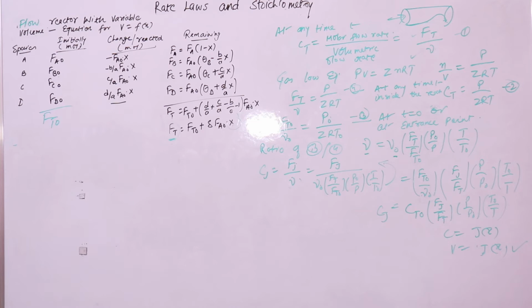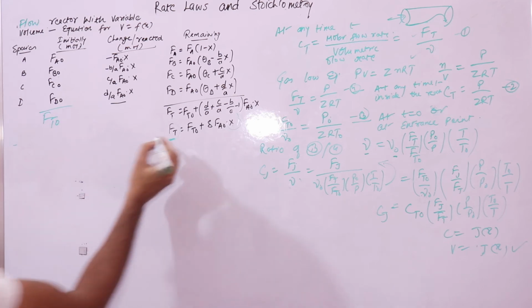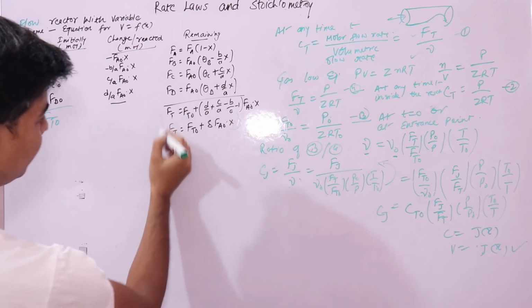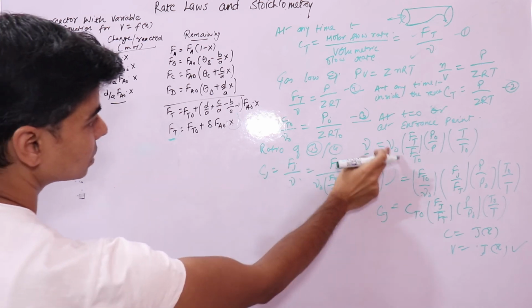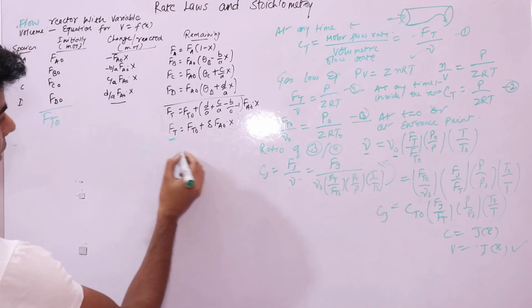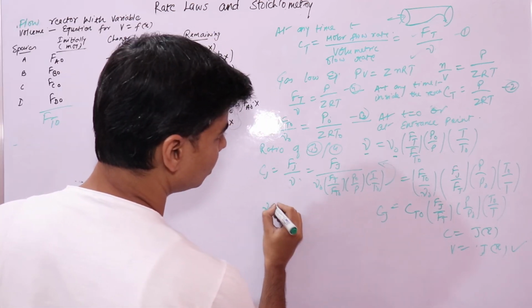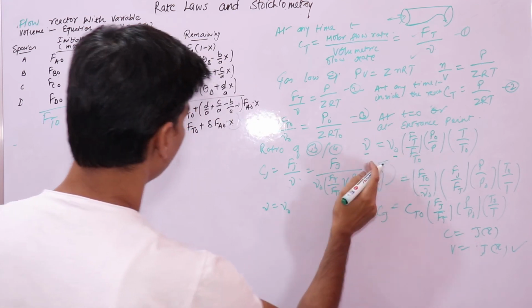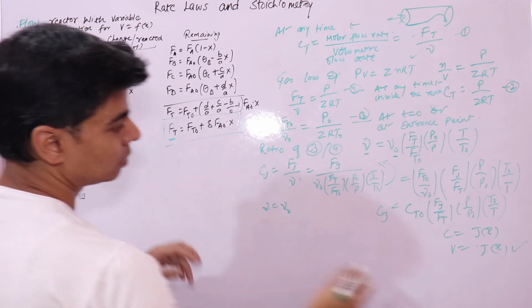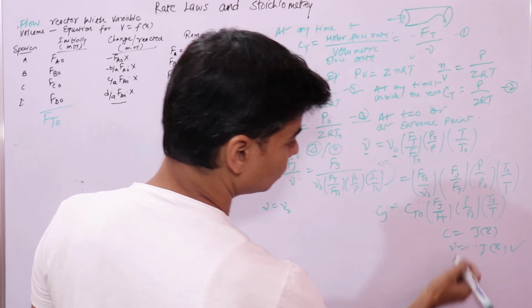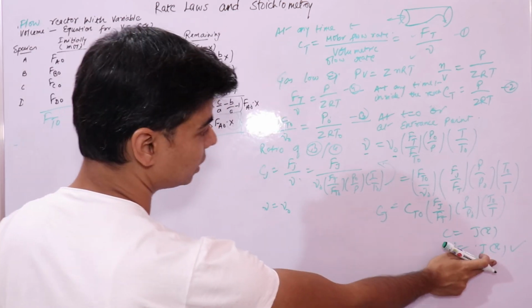So nu equals, we'll substitute this molar flow rate Ft in the volumetric flow rate expression, and this will come out to be nu equals nu 0. In place of Ft we will substitute it from here, because we need the relation for nu, not mu but nu, the volumetric flow rate in terms of conversion x.